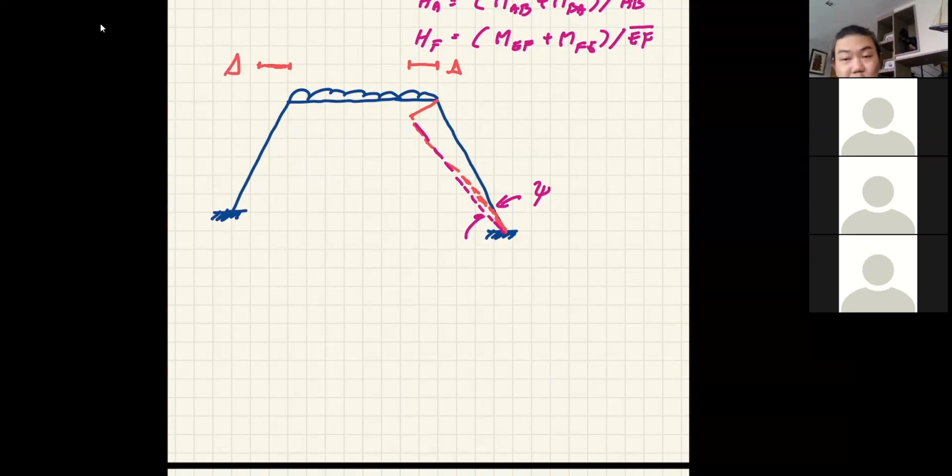Correct? But in order to move delta to the left, it has to go up, right? From zero rotation, it just has to go up. And it has to be 90 degrees here, right? That has to be 90 degrees because it's a rigid joint.